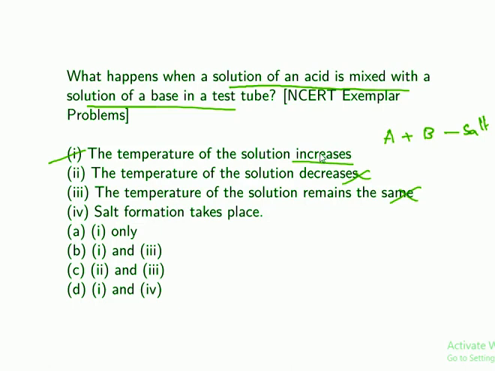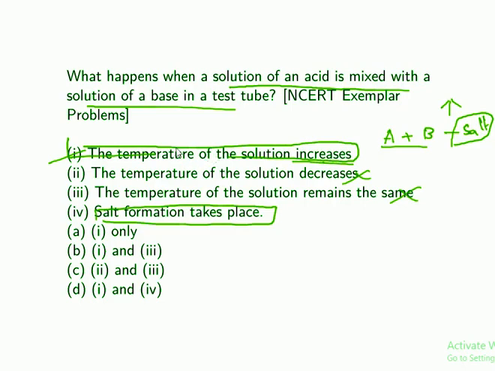So remember always, when an acid and a base is mixed, we are going to get salt, and the temperature is going to increase. So salt formation takes place. Option 4 is correct and option 1 is also correct as the temperature is going to increase. So 1 and 4 is correct here.